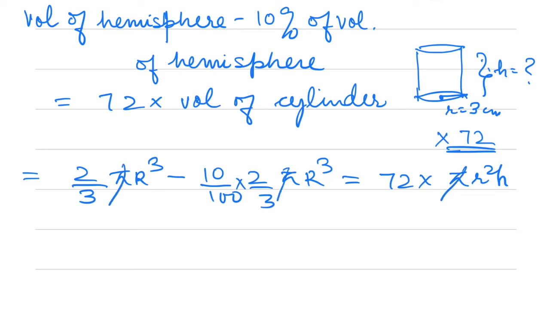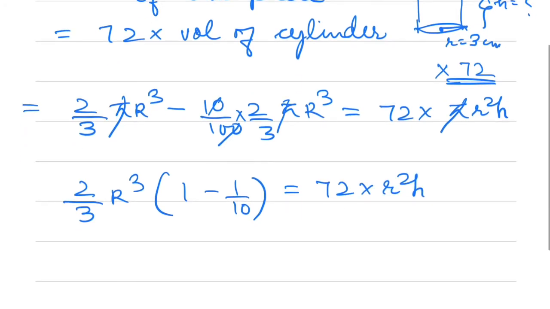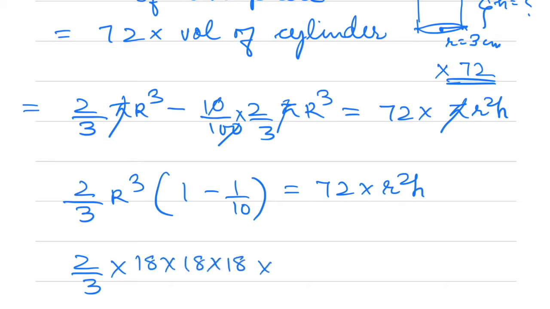Now 2 by 3 r cube common, 1 minus 1 by 10 is equal to 72 into r square h. Now let's substitute the radius and the height. So 2 by 3, radius of hemispherical bowl is 18 into 18 into 18, and this becomes 9 by 10. This is equal to 72 into 3 into 3 into height.